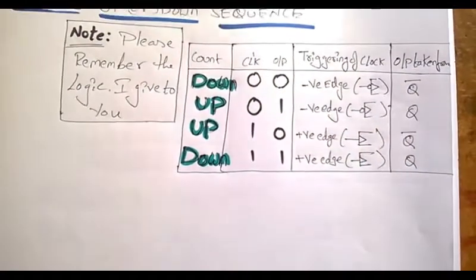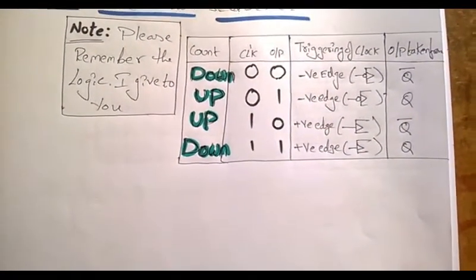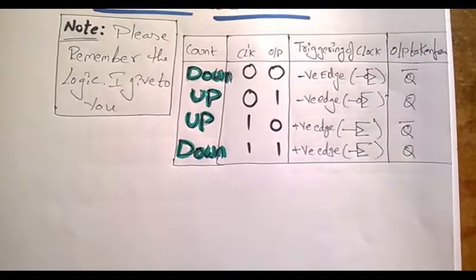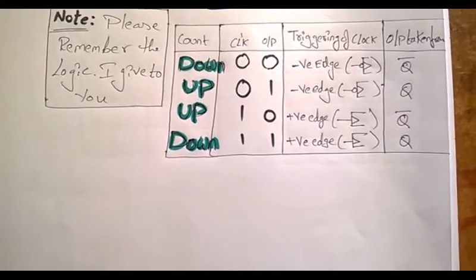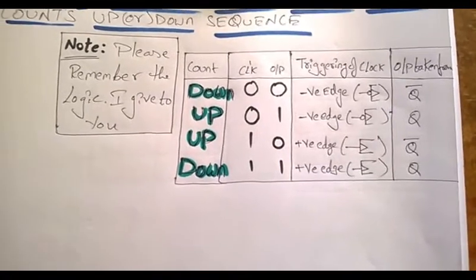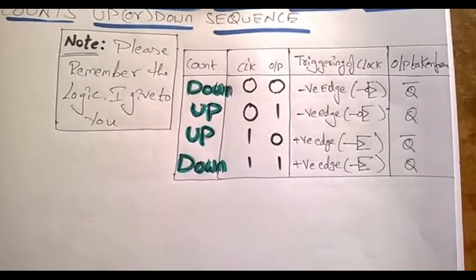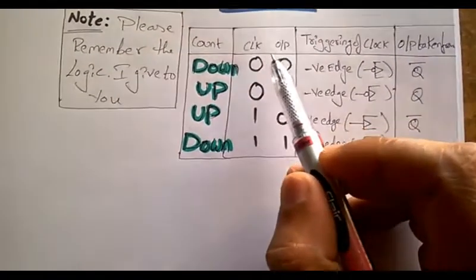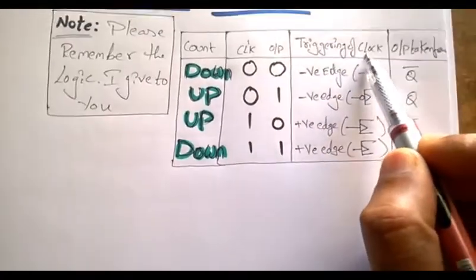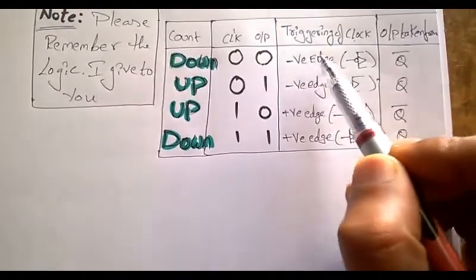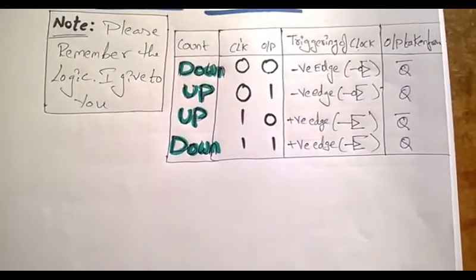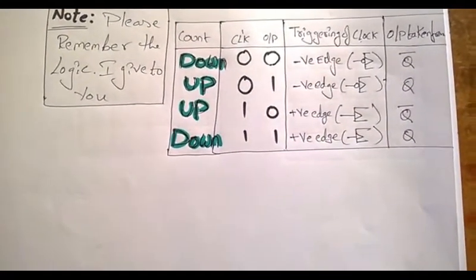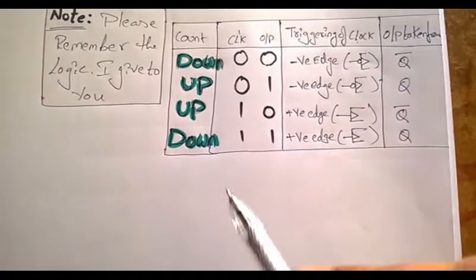The first point to be remembered, if you are finding whether the count is up or down, is to see first how the clock is triggered, either negative edge triggered or positive edge triggered, and the output taken for the clock.